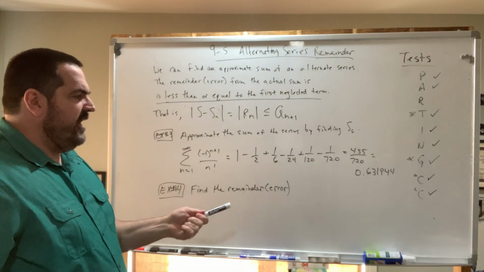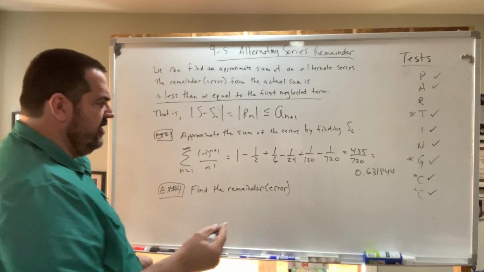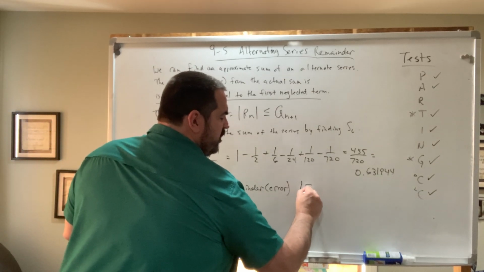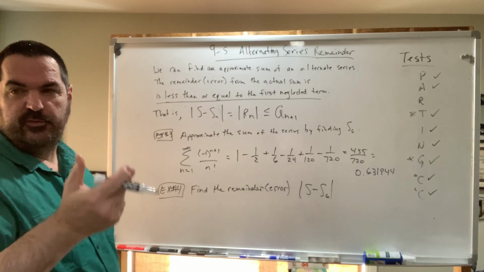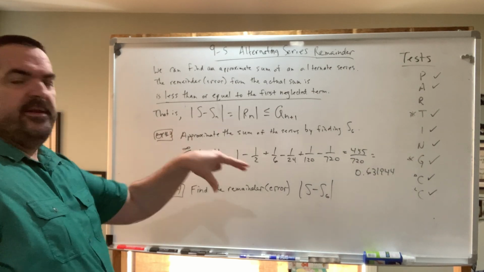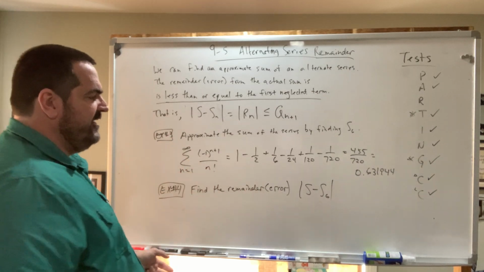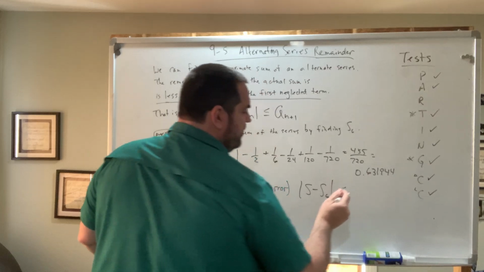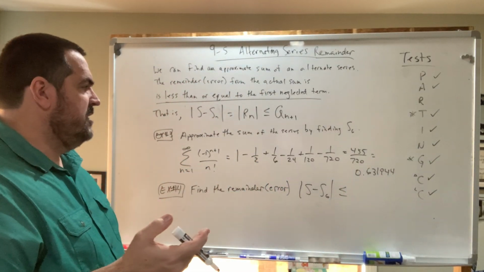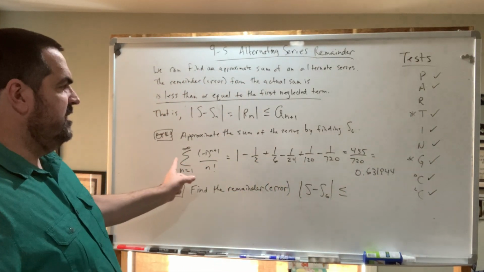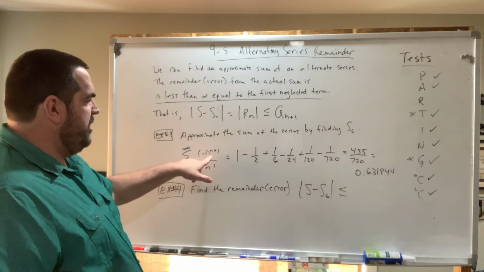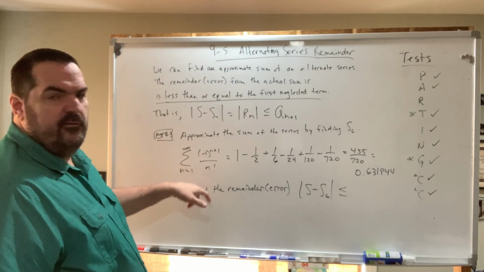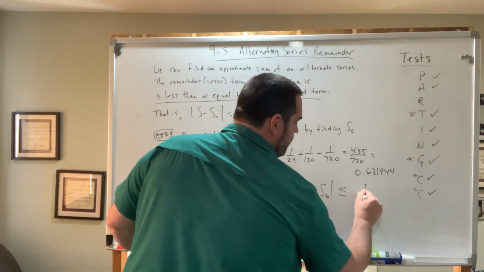We'll find the remainder, the error. So the difference between the actual sum and the sum of our 6 terms, that's how you would write it, the actual sum minus S6, is going to be less than or equal to the next term. Well, what's the next term? It would be the 7th term, a positive 1 over 5040.